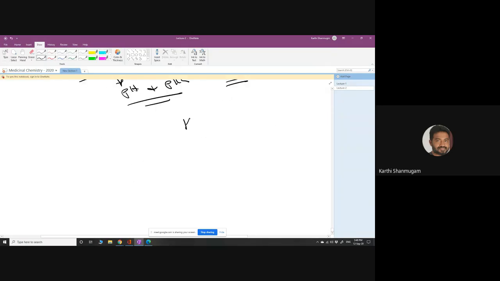Already we saw the equation for calculating Ka. Ka is equal to H plus ion concentration times A minus ion concentration over HA. Am I right?